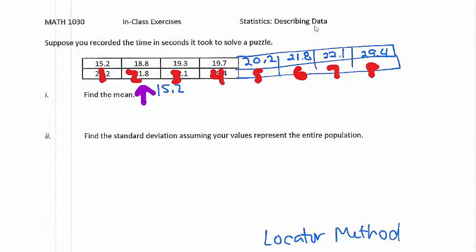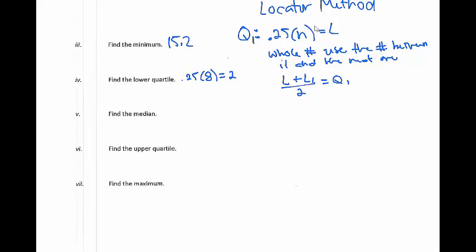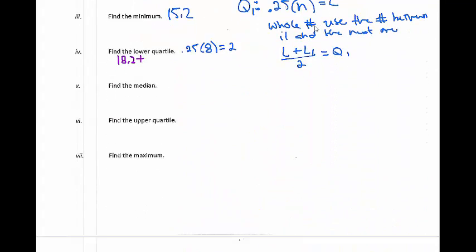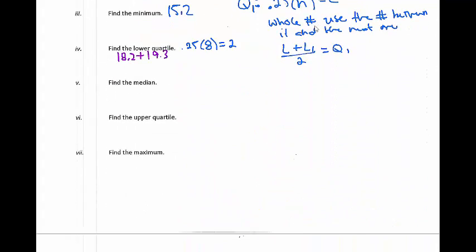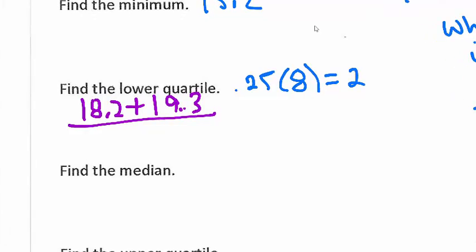So it wants you to take this number plus this number and divide by 2. So, okay, 18.2 plus 19.3. This has never been on a previous test. I'm sure this is on there because that's what they found on the computer program. Divided by 2. Will somebody do that for me, please?